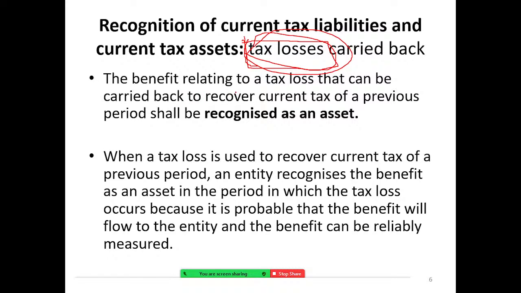So tax loss is a kind of benefit. The benefit relating to tax loss that can be carried back to recover current tax of a previous period shall be recognized as an asset.